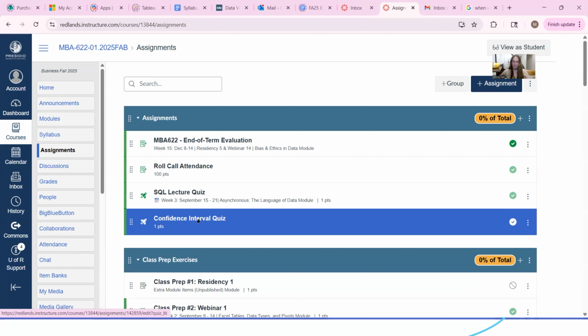The quiz you want to take is this confidence interval quiz. Again, there's 5 questions. It's worth 1 point. It will be the 5 questions that I ask you during the lecture. All right. I'm not trying to make this complicated, I promise.